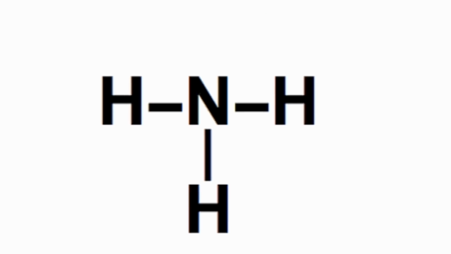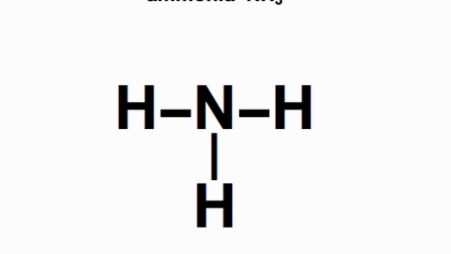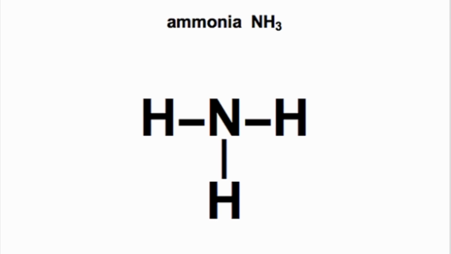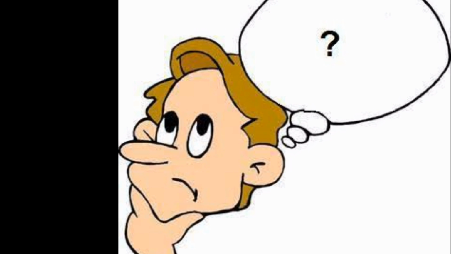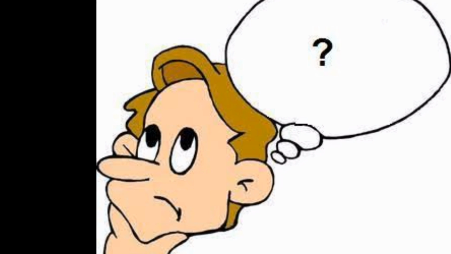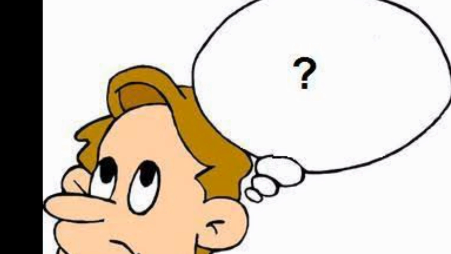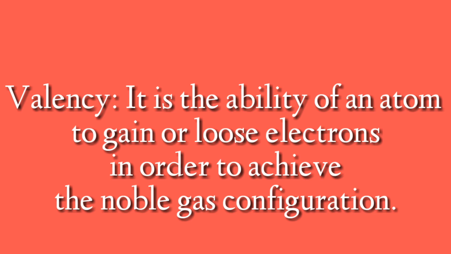That means they will either gain, lose or share electrons to come to a stable state. Which atom will gain, lose or share electrons is decided by valency.